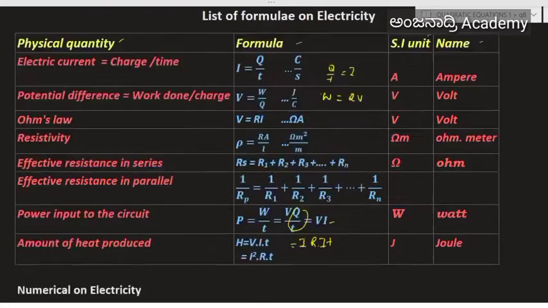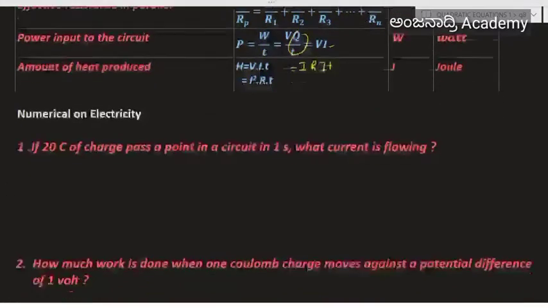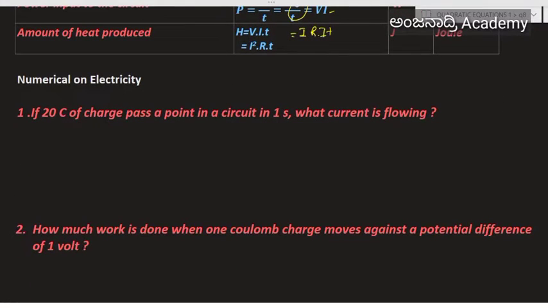Let us go for the next part, how to solve the numericals on these problems. The first numerical on the electricity chapter: if 20 coulomb of charge passes a point in a circuit in 1 second, what current is flowing? What has been given in the problem?